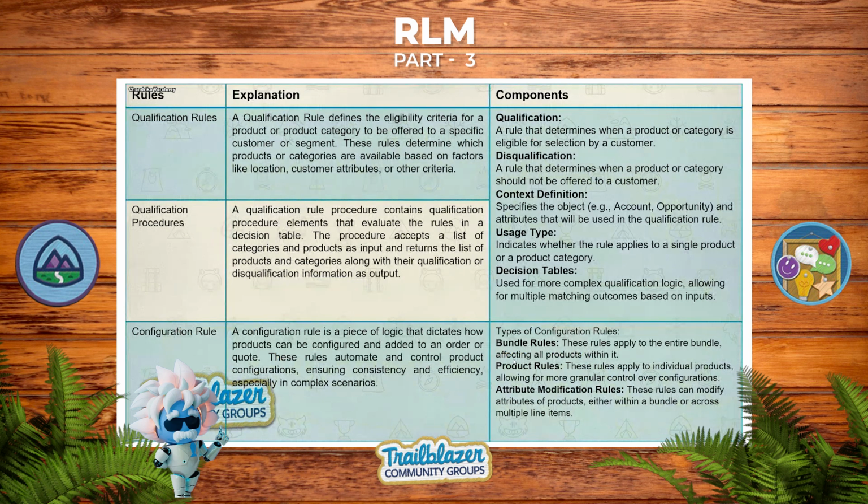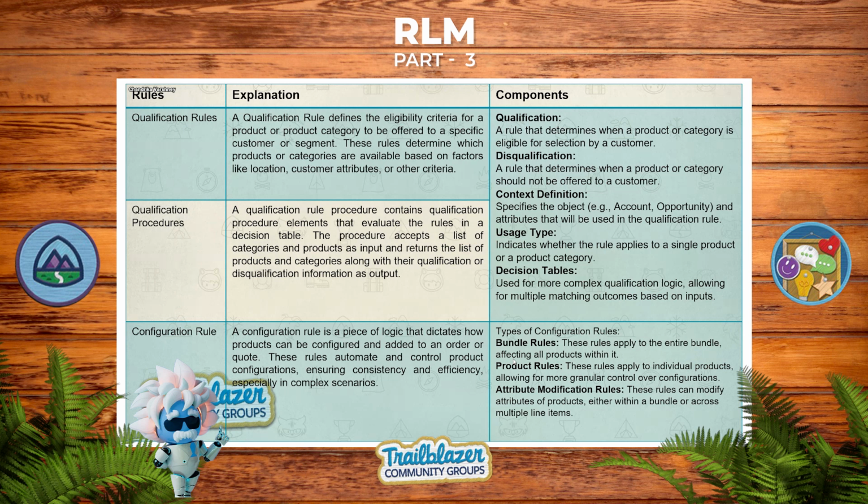Now let's talk about the qualification rules, qualification procedures, and the configuration rules. If I'm talking about the qualification rules, they define the customer's eligibility and the availability of the products for the product catalog categories, and it configures the qualification rules using criteria such as location, account attributes, purchase history and more.